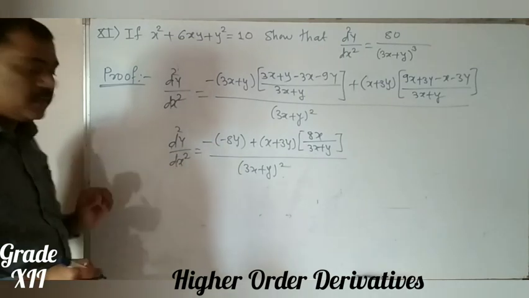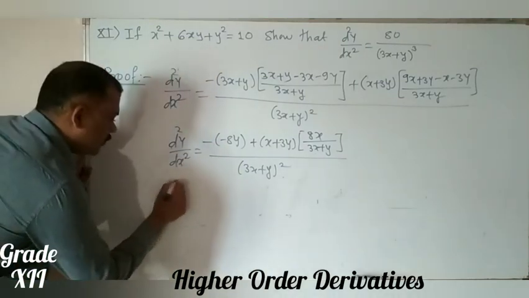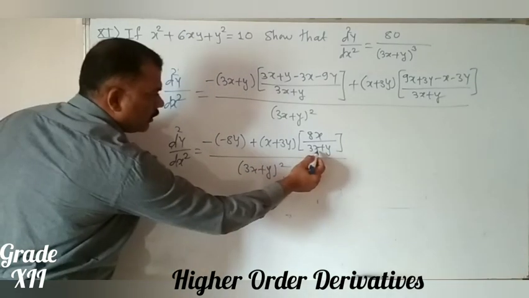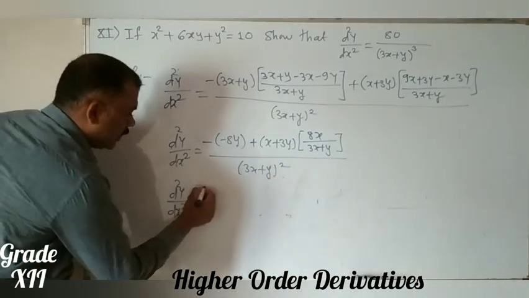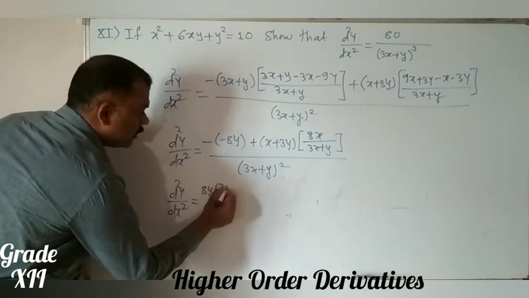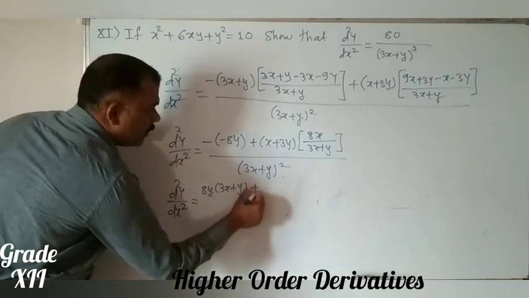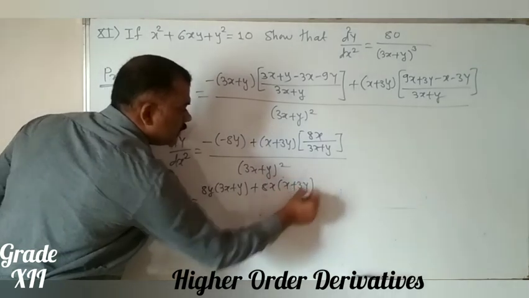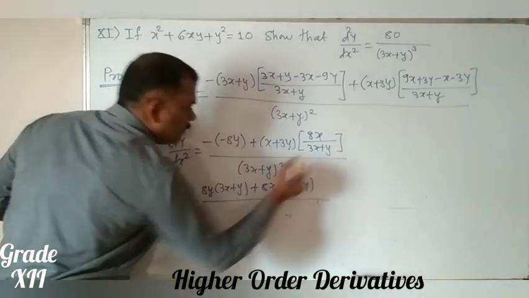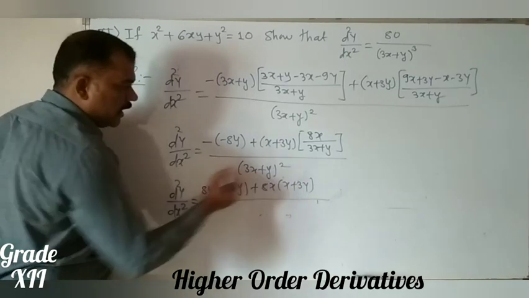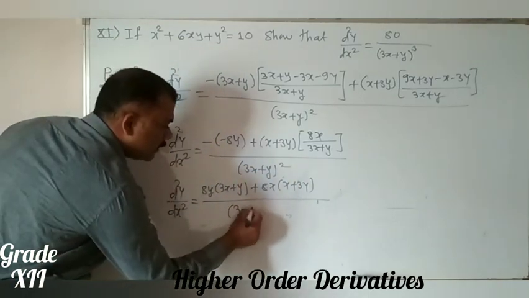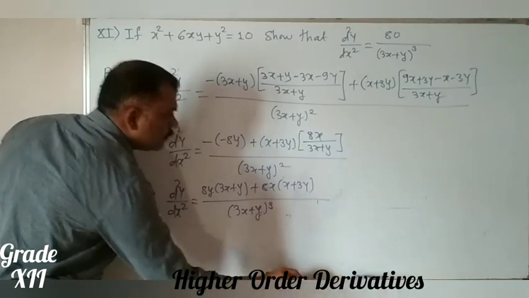This minus minus becomes plus, so d2y by dx square is equal to, here we equalize the denominator, 8y into (3x plus y) plus 8x into (x plus 3y) divided by 3x plus y, and divided by (3x plus y) whole square, it is nothing but (3x plus y) whole cube.